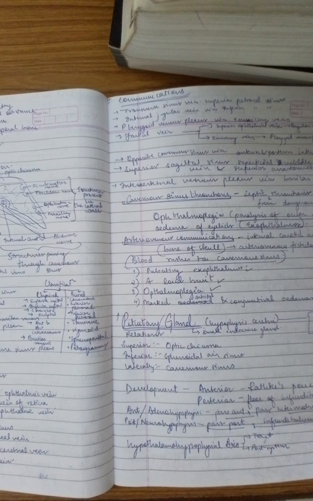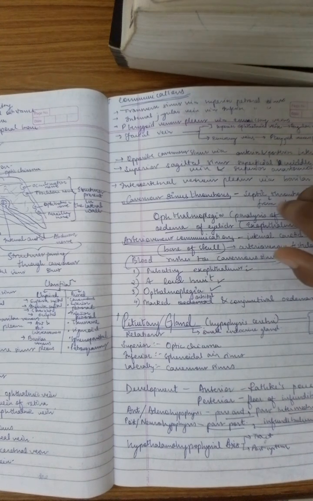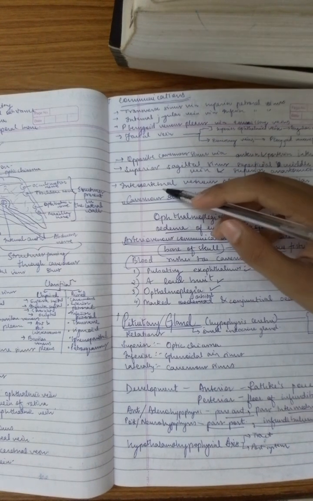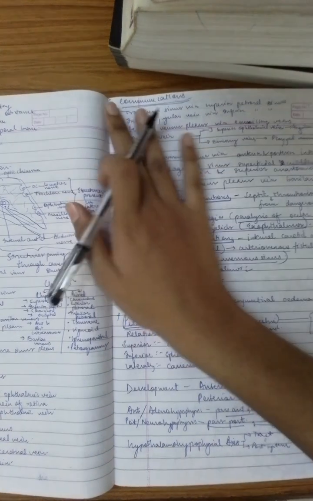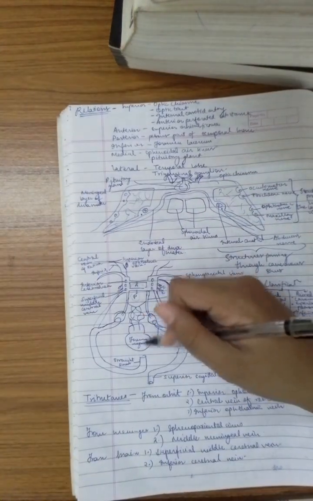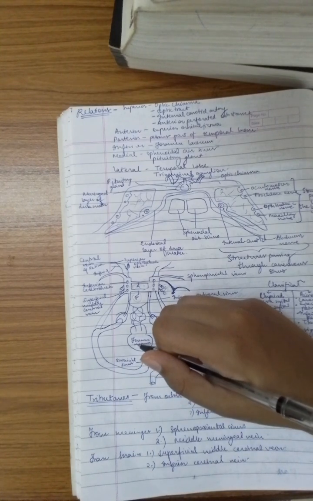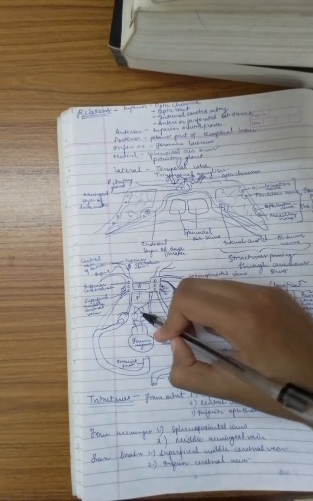There the venous supply is given in detail, about the great cerebral vein of Galen and what is connecting to what. You need to remember that it communicates by the superior anastomotic vein or superficial middle cerebral vein. Then comes the intervertebral venous plexus, which communicates with the cavernous sinus through the basilar venous plexus. This is the foramen magnum, where the intervertebral venous plexus is there, communicating with the basilar venous plexus.